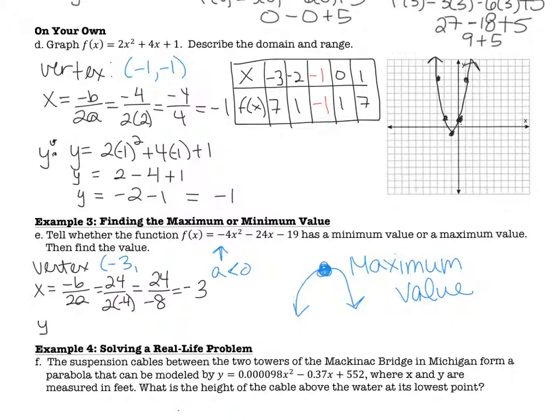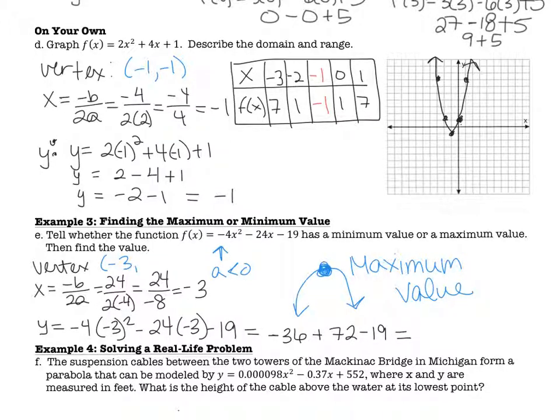So y equals negative 4 times negative 3 squared minus 24 times negative 3 minus 19. So negative 3 squared is 9 times negative 4, we get negative 36. And then negative 24 times negative 3 would be a plus 72 minus 19.